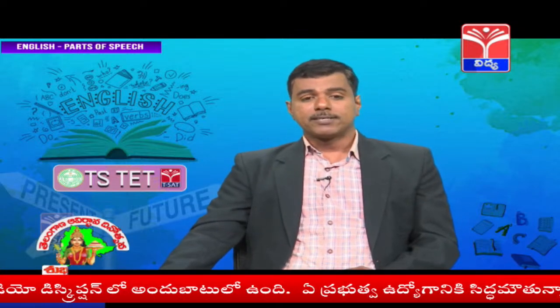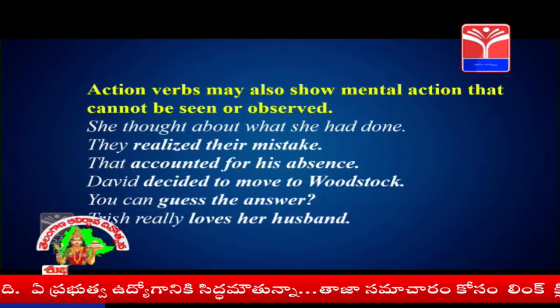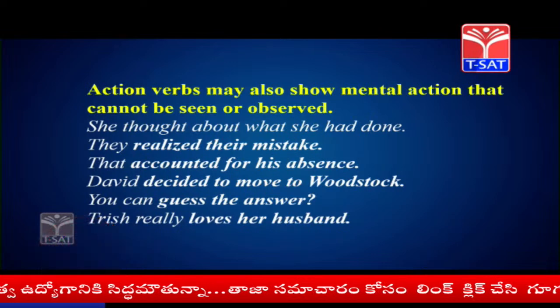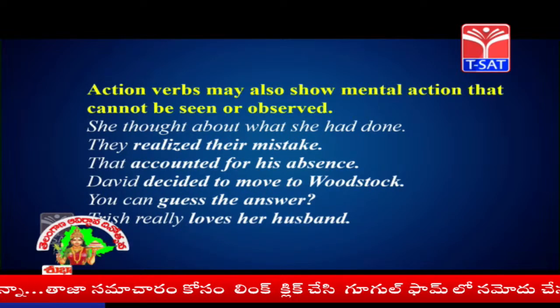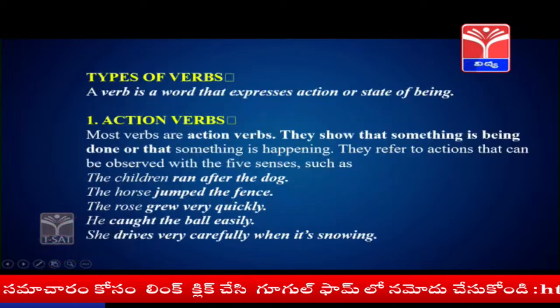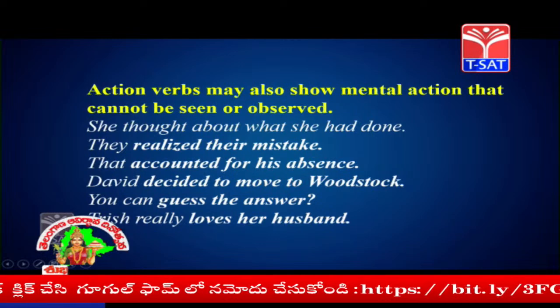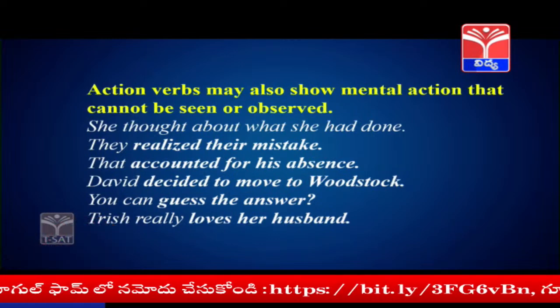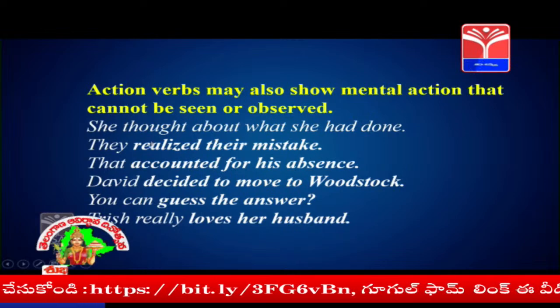The important points we can discuss about action verbs: action verbs may also show mental action that cannot be seen or observed. So both things: we can see them with the 5 senses, or it may not be so. She thought about what she had done. She thought, only it is related to the brain.